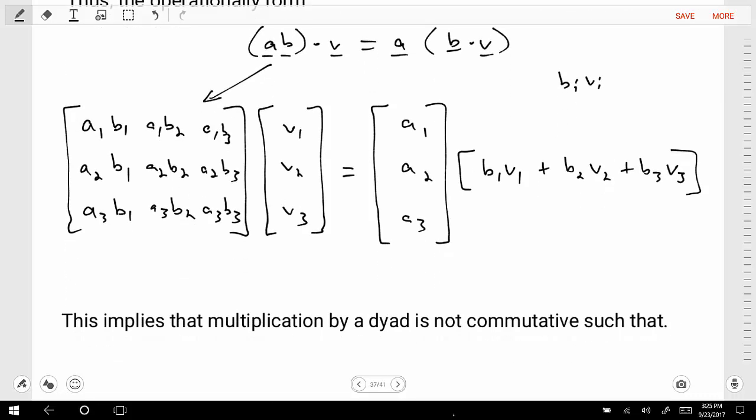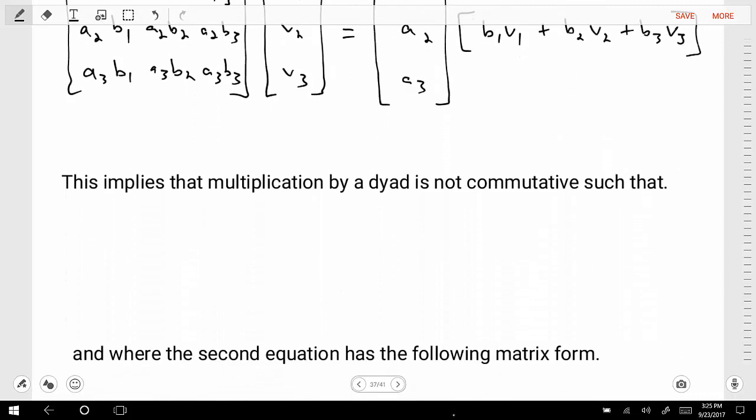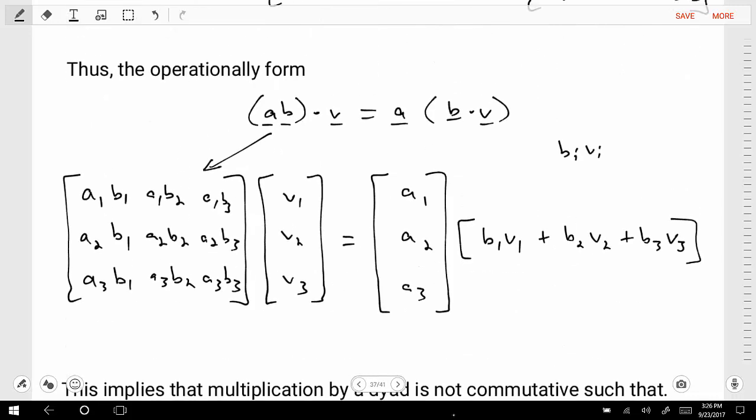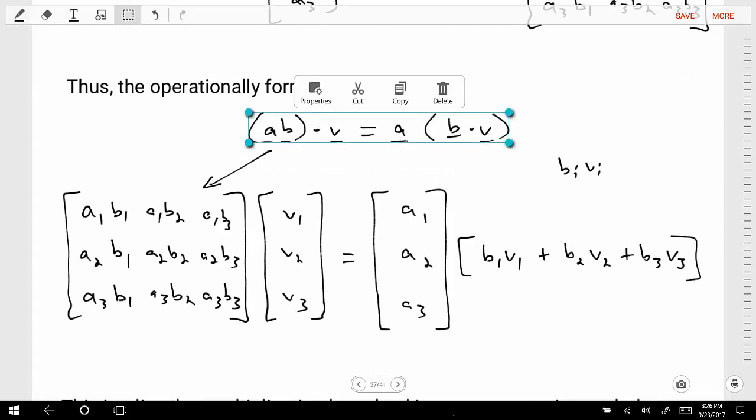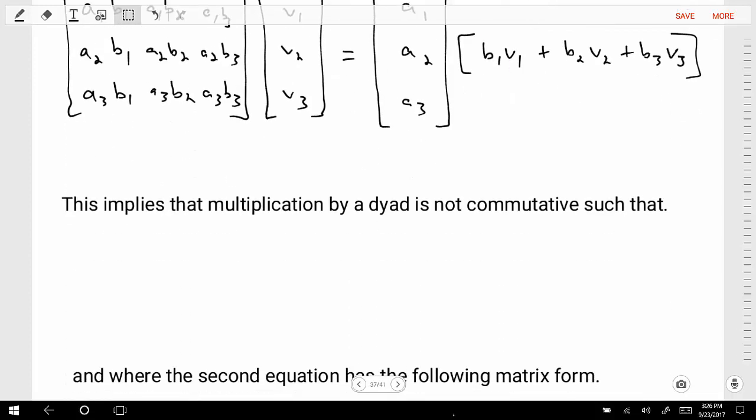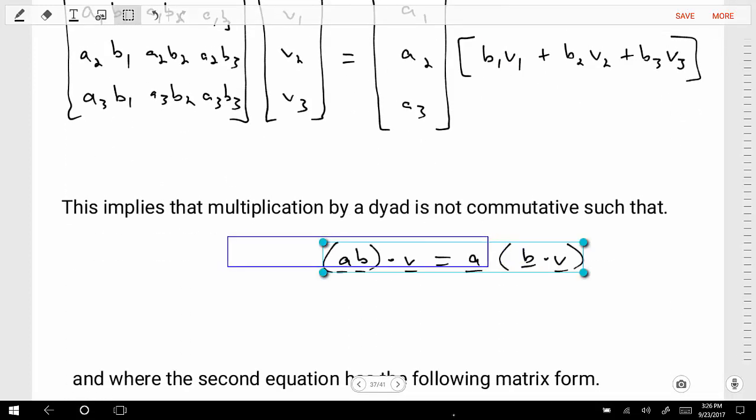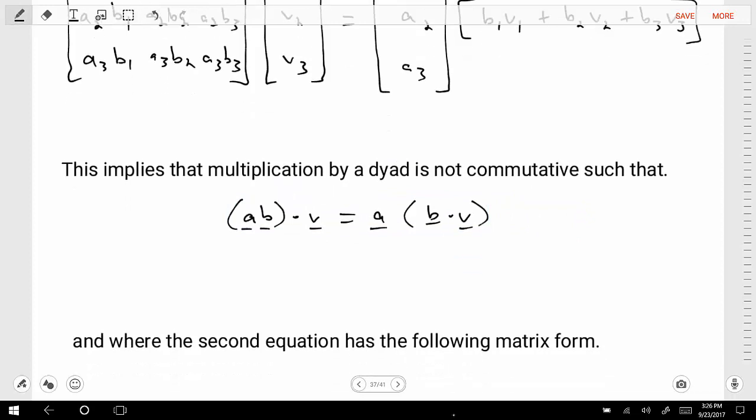Now, this operation implies that the multiplication of a dyad is not commutative. If we start with our original equation again, let's copy it, which makes it a little bit easier. If we wanted to switch our order of the operation, or switch the terms here, the right-hand side of our equation changes.